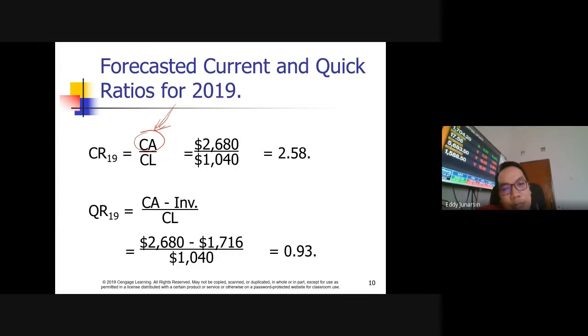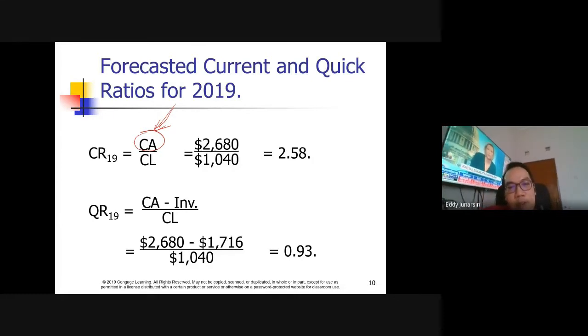Can you imagine, in a crisis situation when you need quick cash, how you can cash in your inventories? To whom will you sell the needles, the drugs, the medicines? It's more difficult. So in this kind of industry, those inventories are not really liquid. They're questionable in terms of the liquidity power to help the firm.